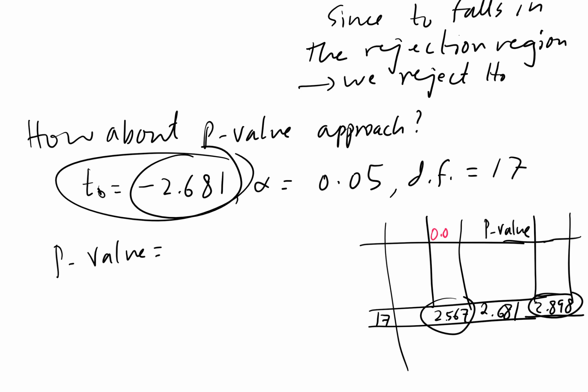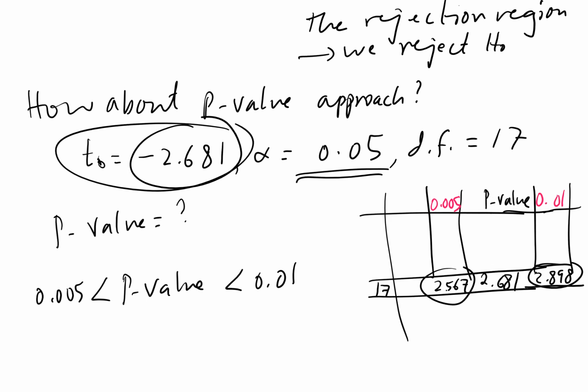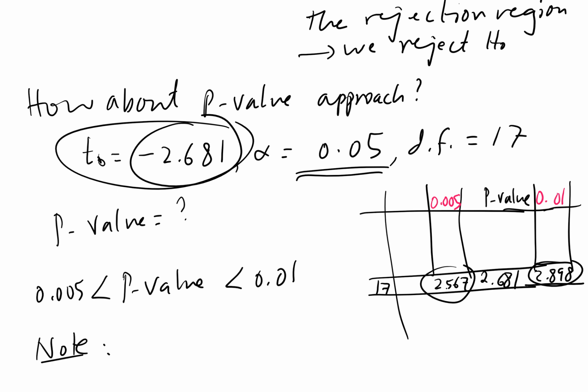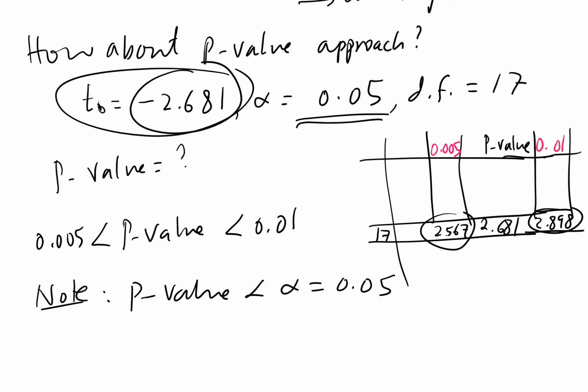It falls between 0.005 and 0.01. That's what the p-value is: the probability is between 0.005 and 0.01. Now we're going to compare it to alpha. Note that the p-value is less than alpha. So since it's less than alpha, we reject the null hypothesis.